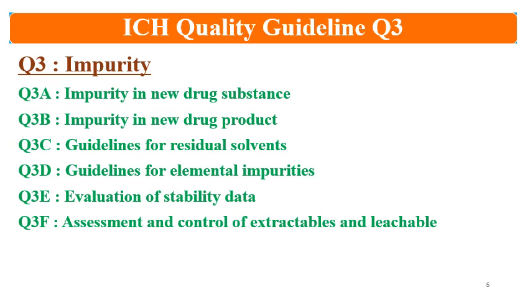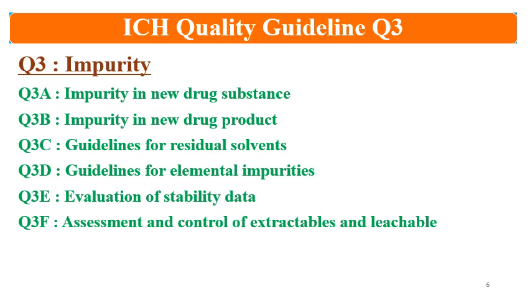Then Q3 is the impurity guideline, and there are 6 guidelines under this impurity section. So Q3A, that is impurity in new drug substances. Q3B, impurity in new drug products. So drug substance and drug products, different sections are there. Q3A and Q3B guidelines are there.